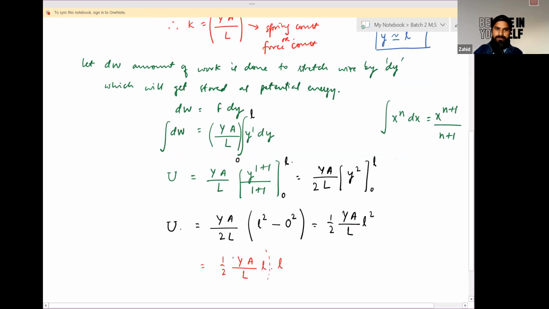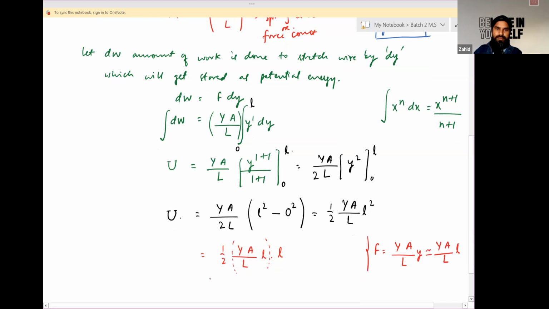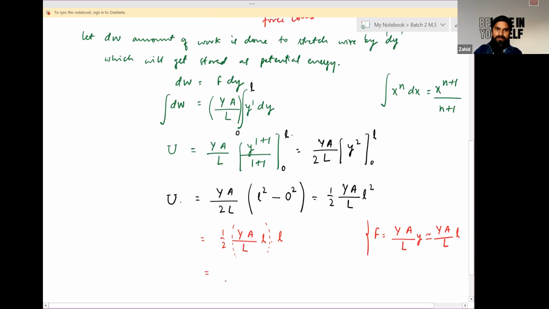This particular term, since Y is equal to FL divided by A small l, force equals YA divided by L into small l. So this whole term will be equal to force. So this expression will be half times force into extension in the wire equals potential energy.